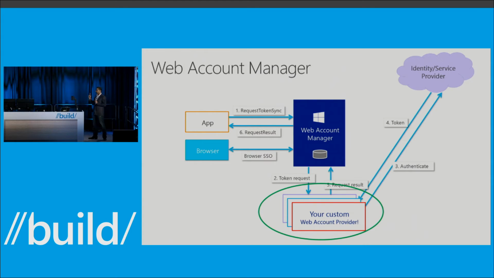This is really interesting. You remember how I showed you when I logged in with my Azure Active Directory account? The first thing I did was obviously use an app that was able to single sign on. The second thing I did, though, was click on a link that then opened in the browser, and it just worked. I like to refer to it as browser SSO. This was something we introduced in 8.1 with Microsoft accounts.